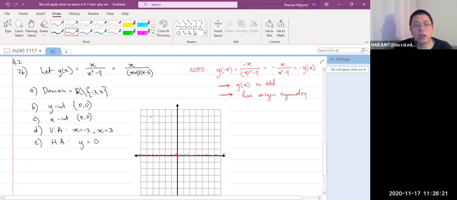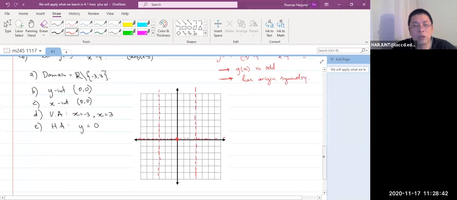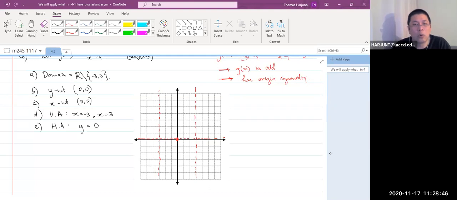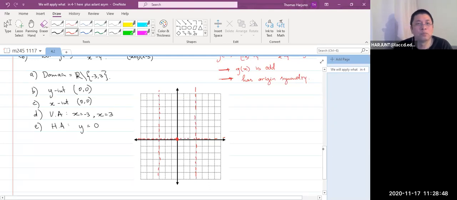Vertical asymptotes, x equals -3 and x equals 3. Now the thing is, with only these, we cannot do much with the graphing. We only have the x- and y-intercept, which happens to be the origin, and we know it has origin symmetry, but nothing more we can say about that, right?